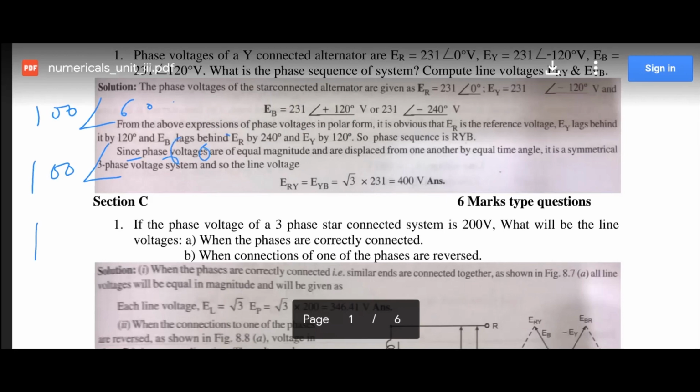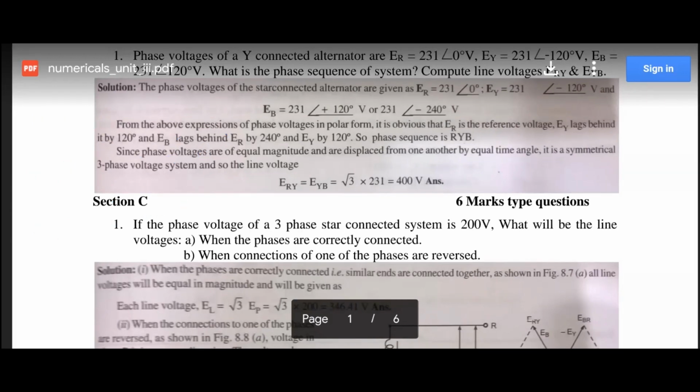And similarly, the C will be minus 180 degrees. Okay, so we should be aware that the angle difference should be 120 degrees irrespective of their angle at any particular instant.